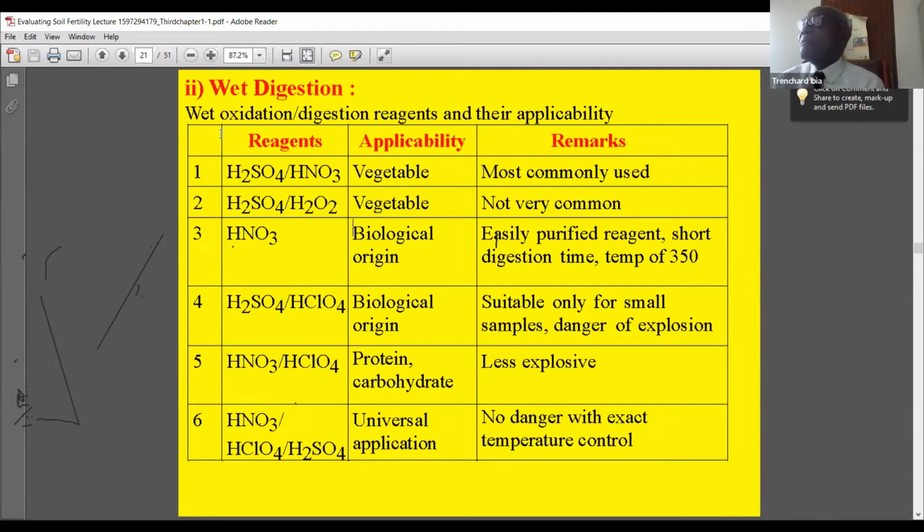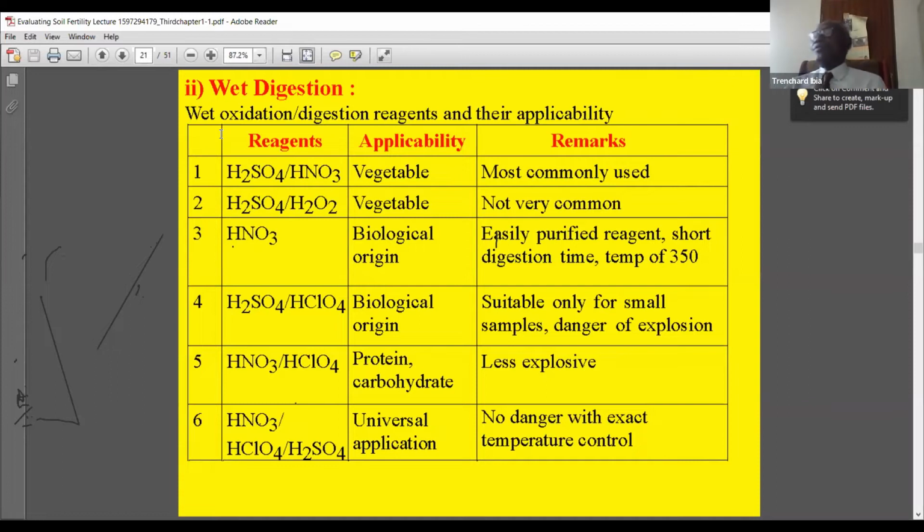Nitric acid, anything of biological origin, including animal tissues. If you are using perchloric acid and sulfuric acid, anything of biological origin. Nitric acid, protein and carbohydrates.